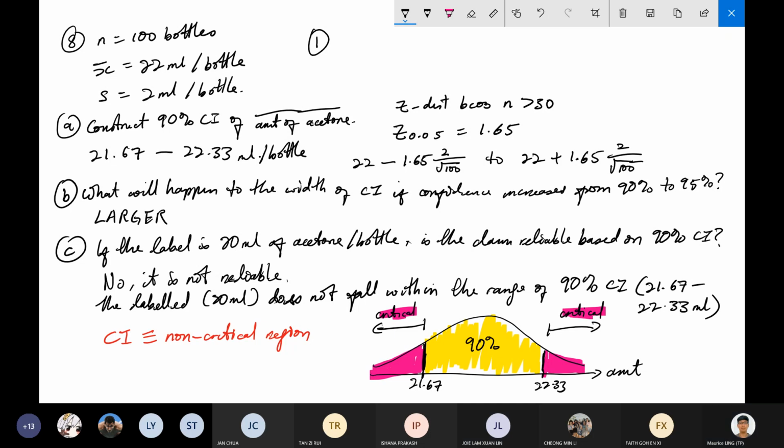True or false? Sorry, can you repeat the question again? It's 1A. You're finding question 1A, the true false question.